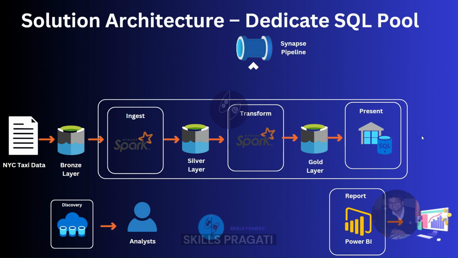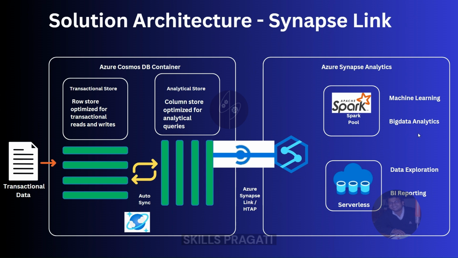We also have a requirement to do operational reporting on the data sent from the device in the taxis. We will be using Synapse Link for Cosmos DB to do that. We'll enable Synapse Link in a Cosmos DB container to create an analytical store and then use Spark Pool as well as Serverless SQL Pool to query this data via Synapse Link's hybrid transactional and analytical processing capability.